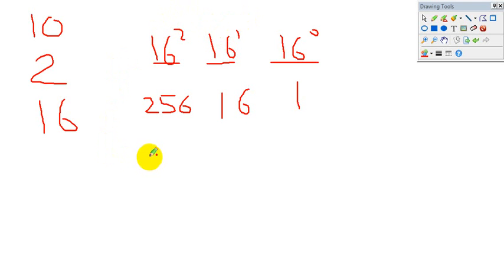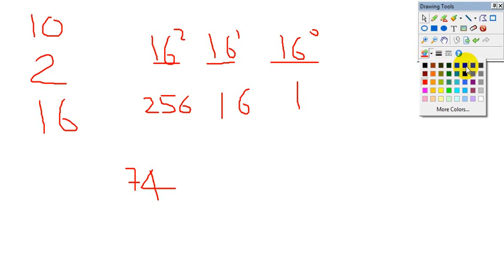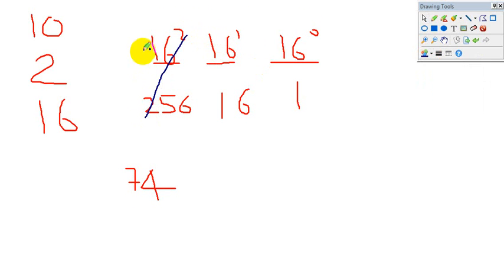We're going to start off with a very simple number of 74. I say it's simple because we can see straight away that 74 falls short of 256, so we can actually cancel this out altogether. There must be some 16s that make up 74, and of course there are.